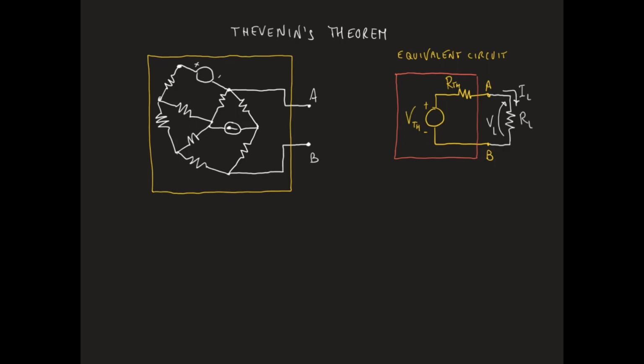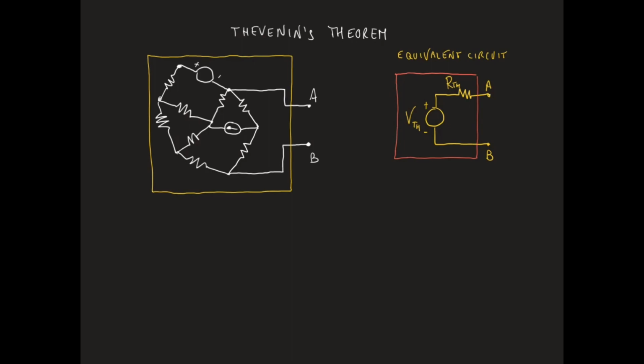If we attach the same load between nodes A and B of the original network, we will see exactly the same voltage across the load and the same current flowing through the load. The great advantage of working with the equivalent circuit is that it is much simpler than the starting network.